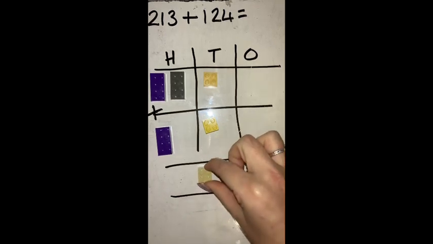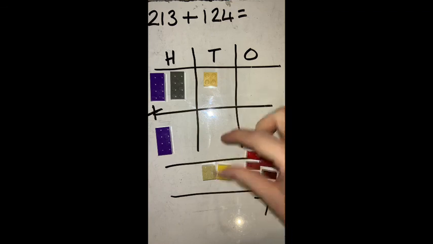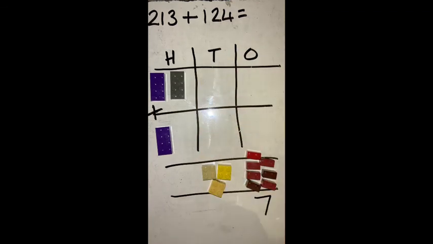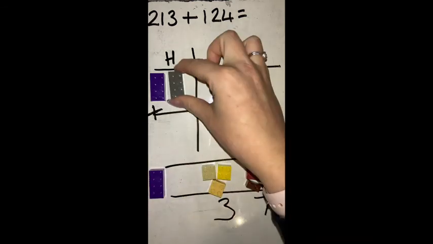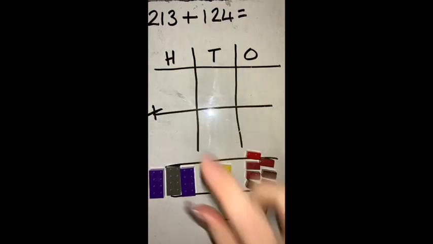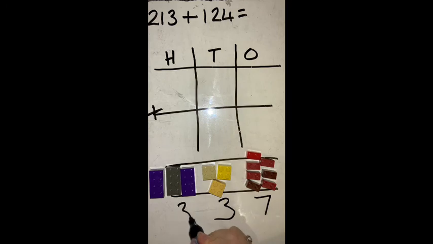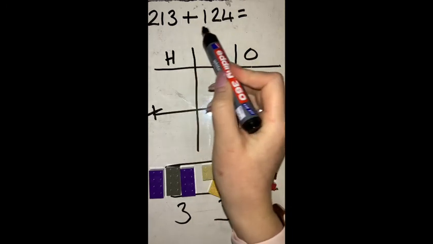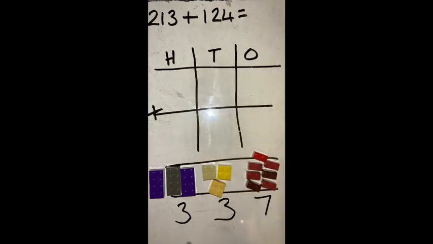Into my tens, 1, 2, 3. I have got 3 tens. And my hundreds, 1, 2, 3. I have got 3 hundreds. So that means that 213 add 124 is 337.